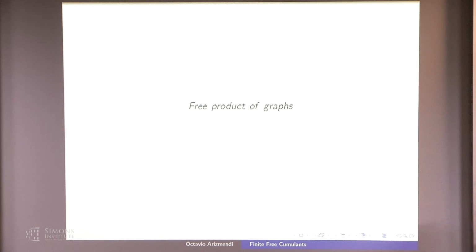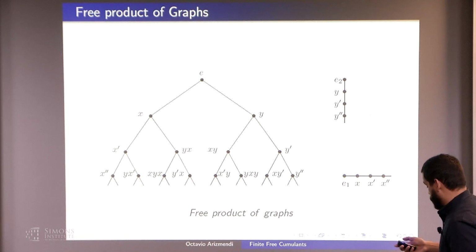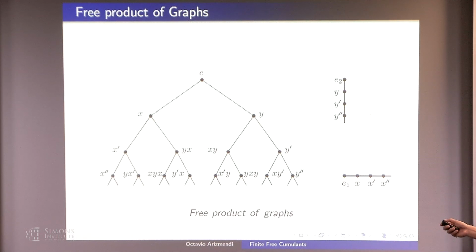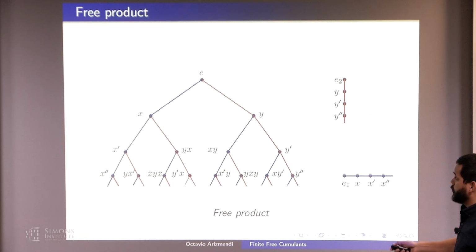Let me just mention that in this context, maybe it's important to give the example of the free product of graphs. So the free product of graphs is here. Let me just put an example. We start with rooted graphs. Here I chose lines, and then I put one graph, and then in each vertex I put the other graph, and then in each vertex I put the other graph.